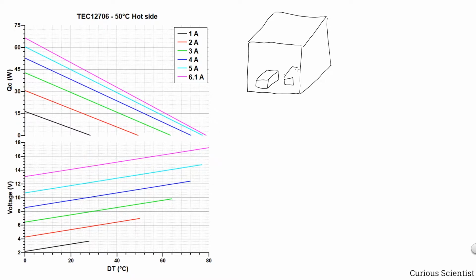So the temperature inside the box goes up, and since it's a closed system, there will be a final temperature which is determined by the heat transfer between the walls of this box and the environment which surrounds it.